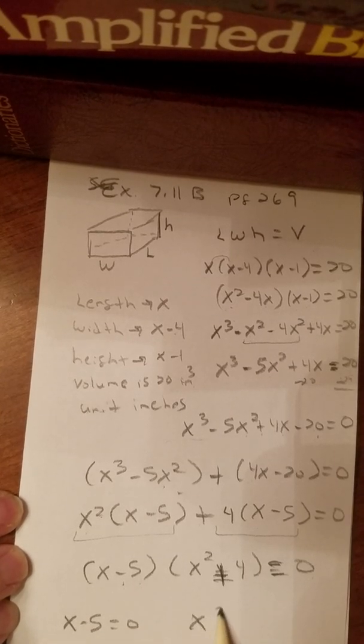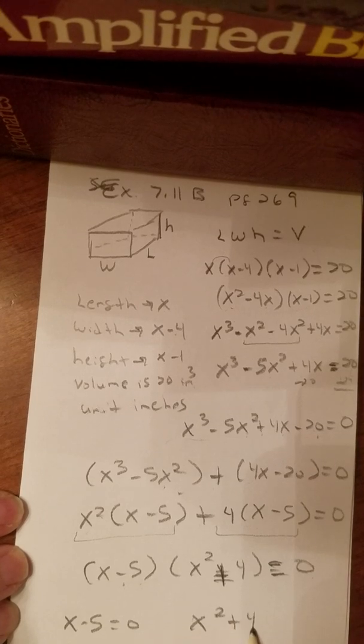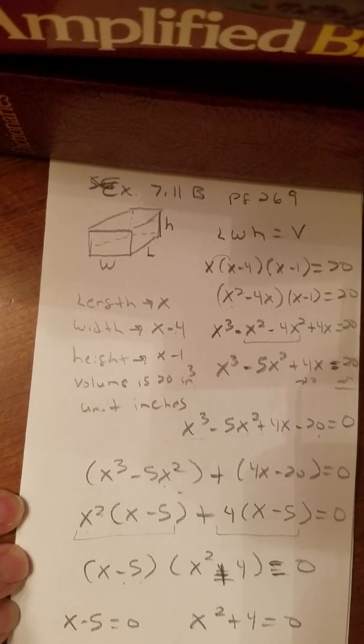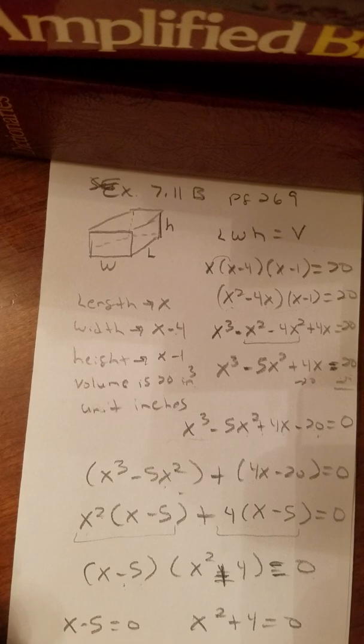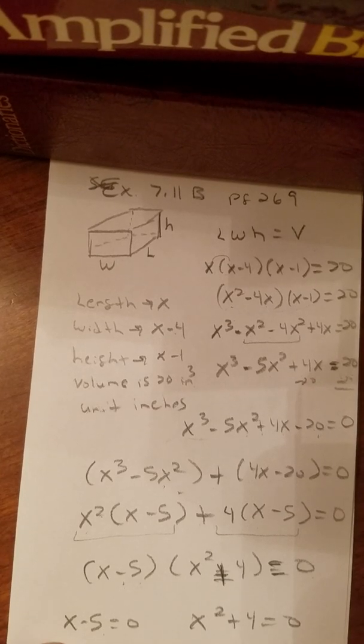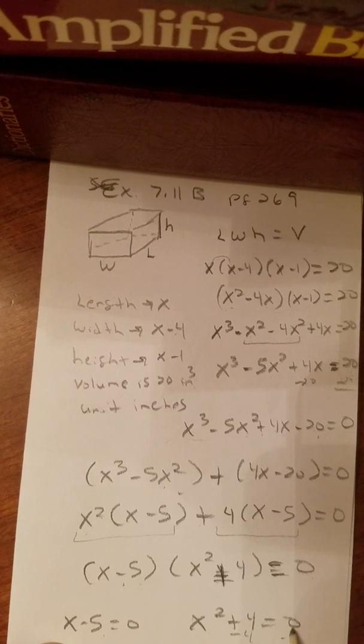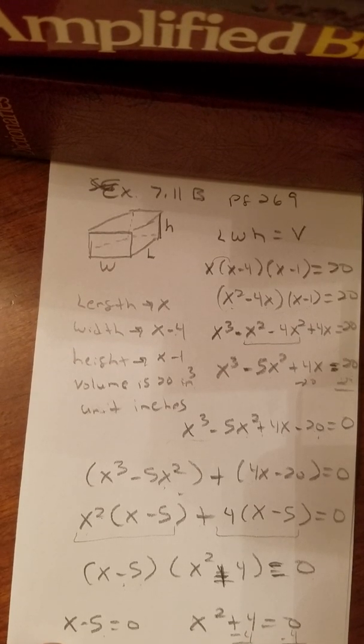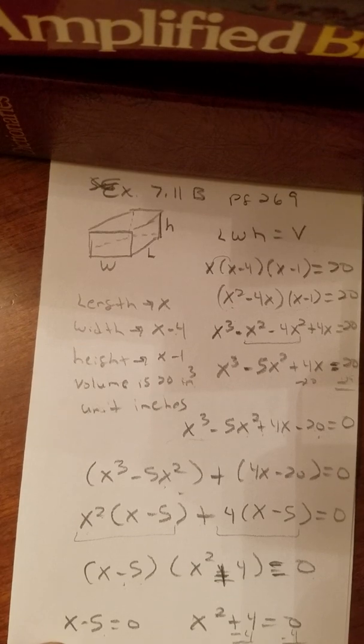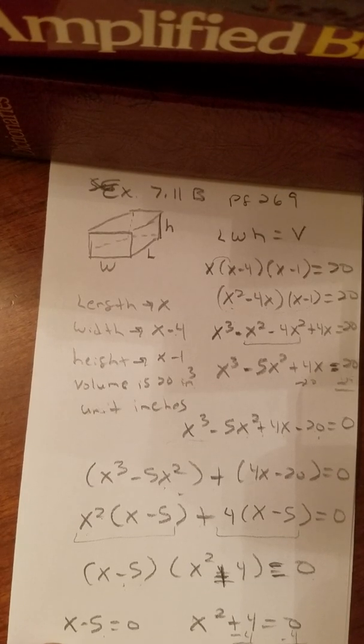And this one here. Well, we know in this case, x has to be 5 to make that a true statement. In this case, if I subtract 4 from both sides to solve here, I get x squared equals a negative 4. Technically, you square root those to get x equals, but you cannot take the square root of a negative number.